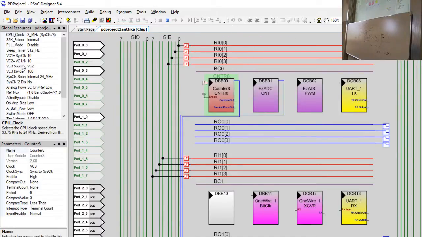some reminders. Now, when we have a communication block here, we really have to take closer care of these frequencies and where these clock rates are coming from.